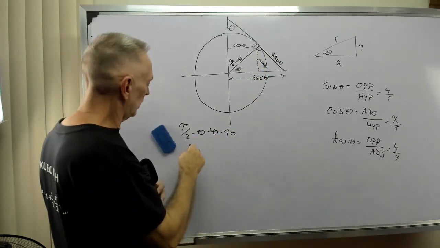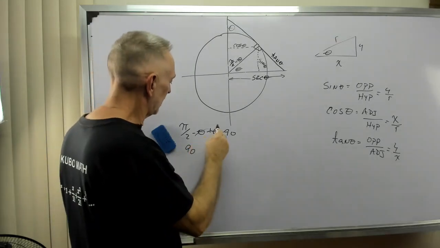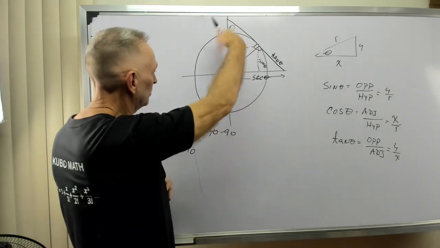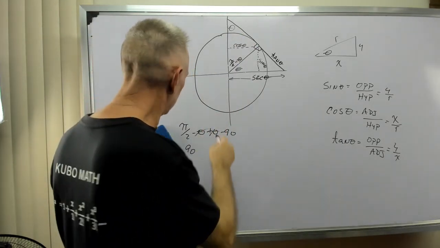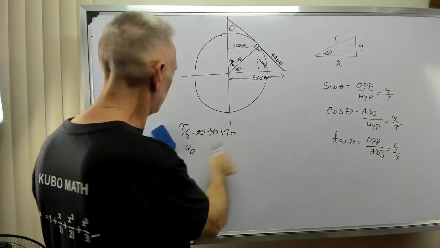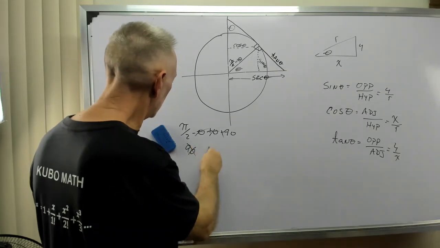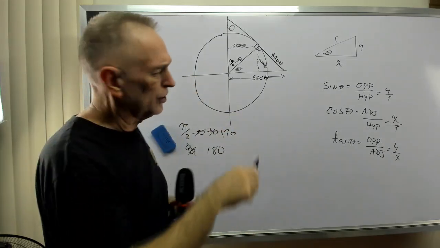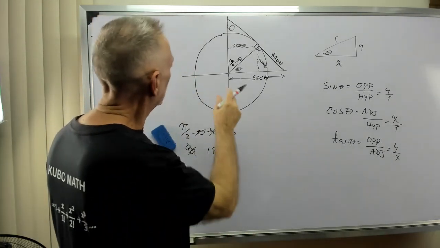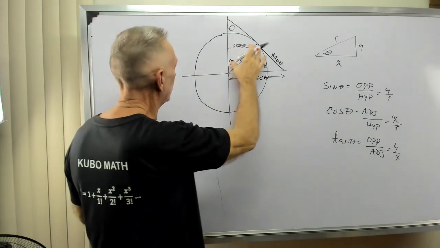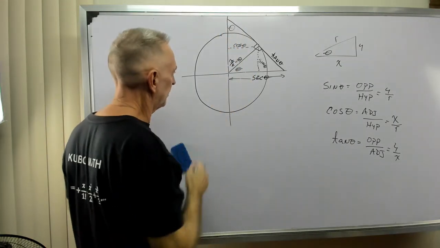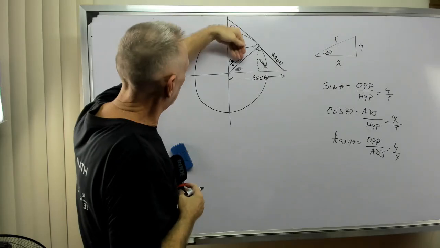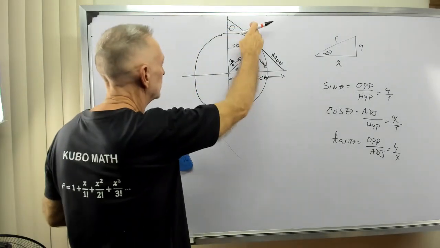Now pi over 2 is 90. So those cancel, that cancels. So that tells me I've got 180 degrees in there. I should have said plus here. That gives me 180. All right, so we have 180 degrees. We know that's theta up there. So now I can look at this with respect to theta and try to solve this side also.